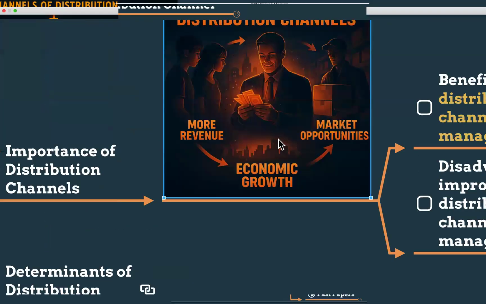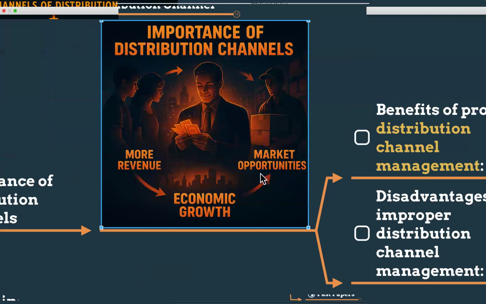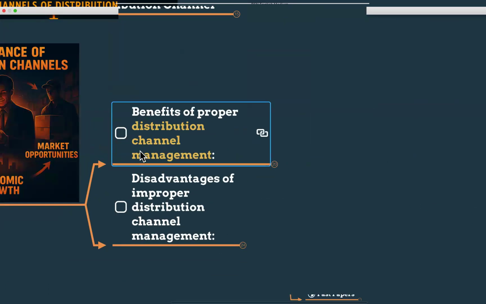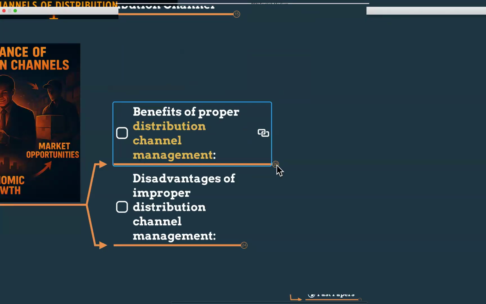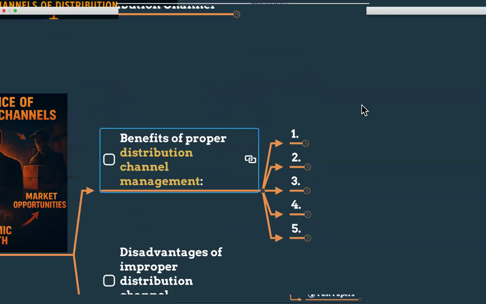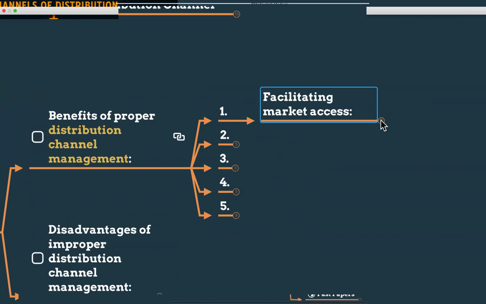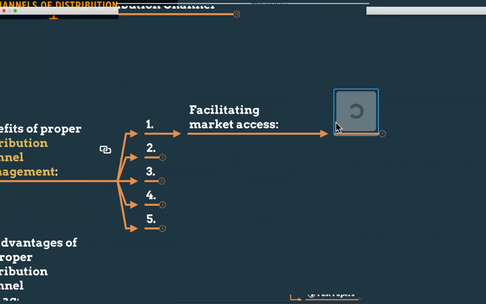And more revenue, market opportunities, and economic growth. Let's talk about the benefits of proper distribution channel management. If you have a proper distribution channel and you are managing it in a proper way, what are the benefits as a business? First thing is it will facilitate market access. What does this mean?